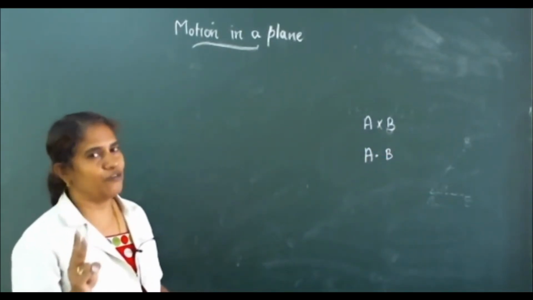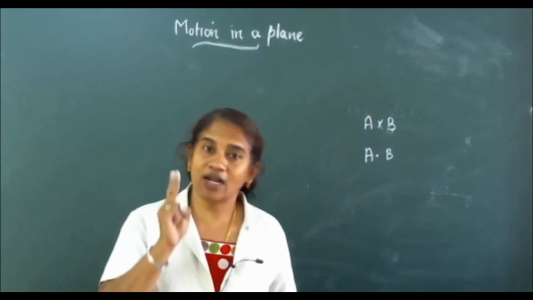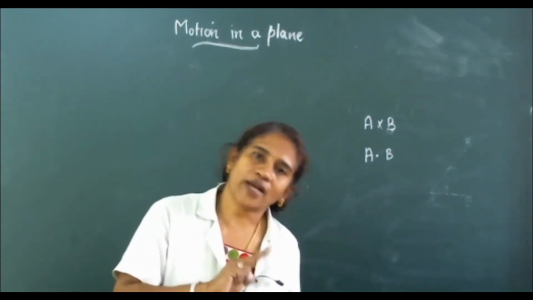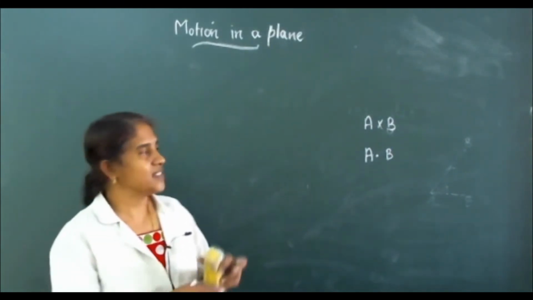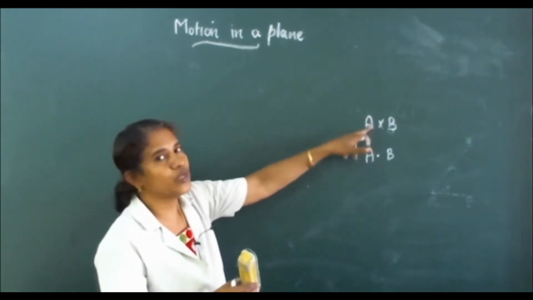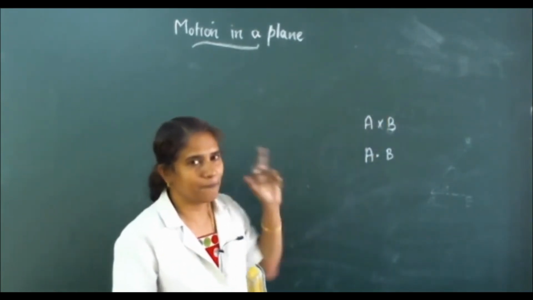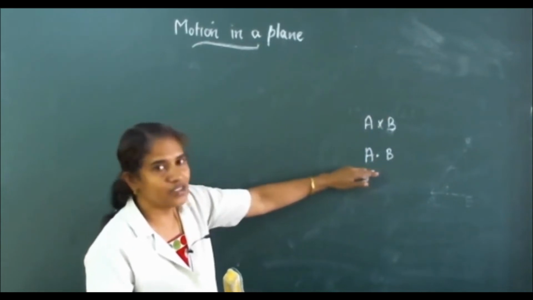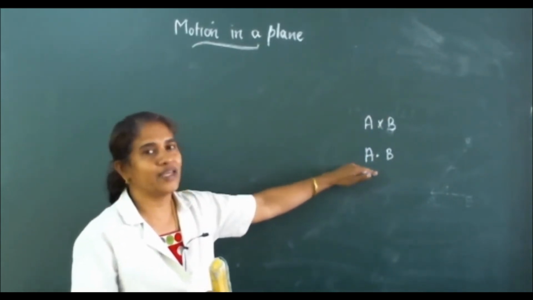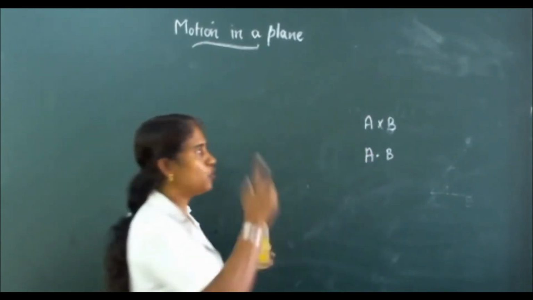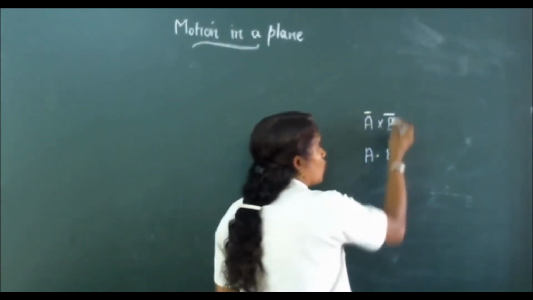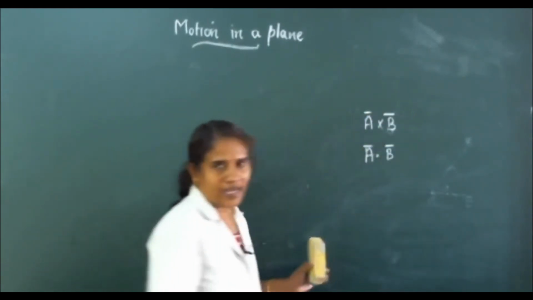According to the symbol we use, if it is into, it is called A cross B. If the dot sign is used, that is also a product of two vectors, but it is the dot product.